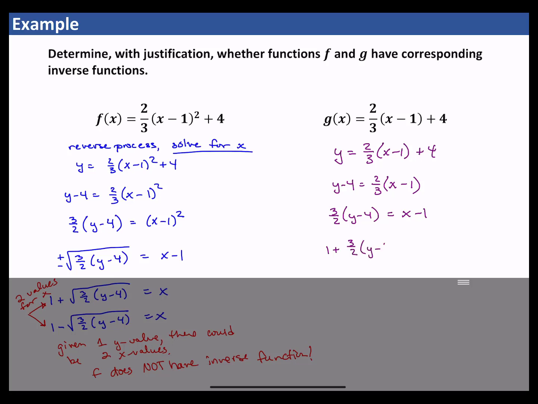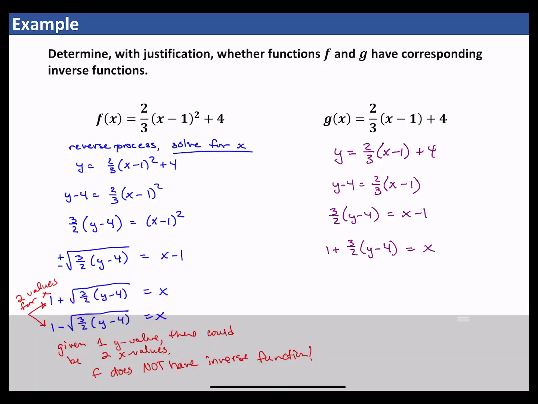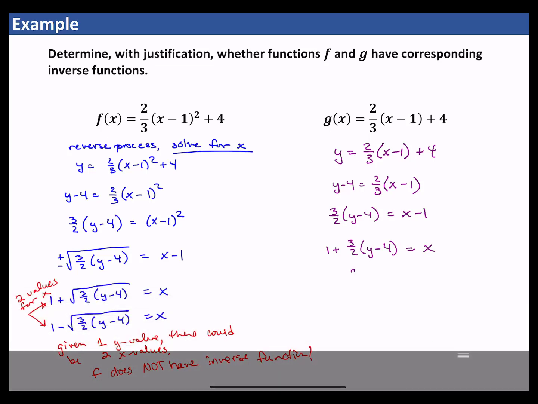So x equals 1 plus 3/2 times the quantity (y minus 4). Here we see that given any y value, there will be one and only one corresponding x value. That means that x is a function of y, and so g has an inverse function.